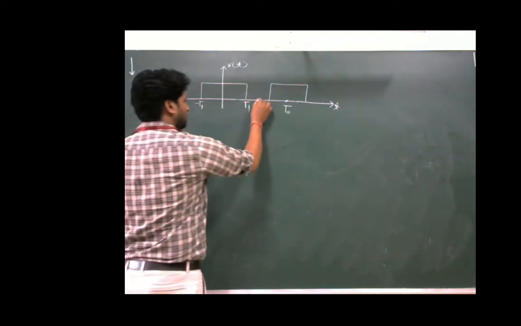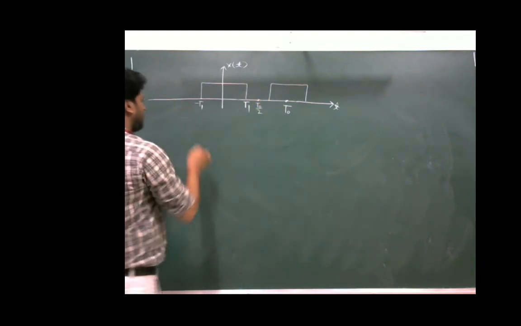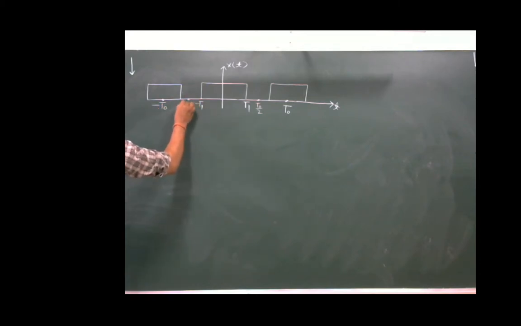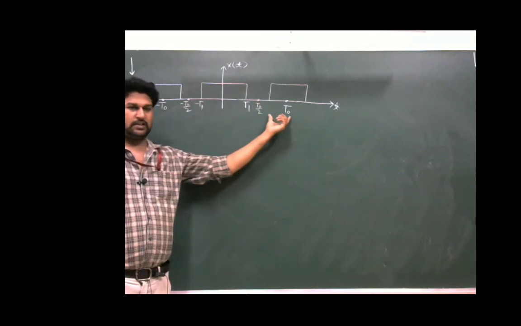Suppose here it's t naught by 2, here it's minus t naught, here it's minus t naught by 2. This is a rectangular waveform, periodic with a period t naught.